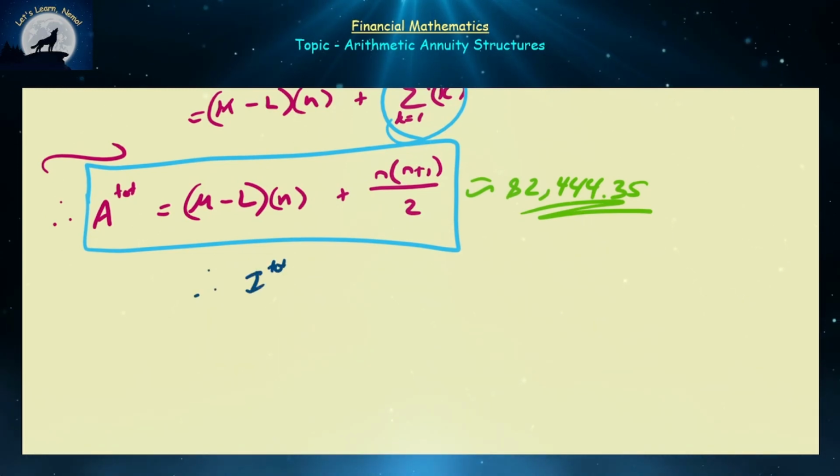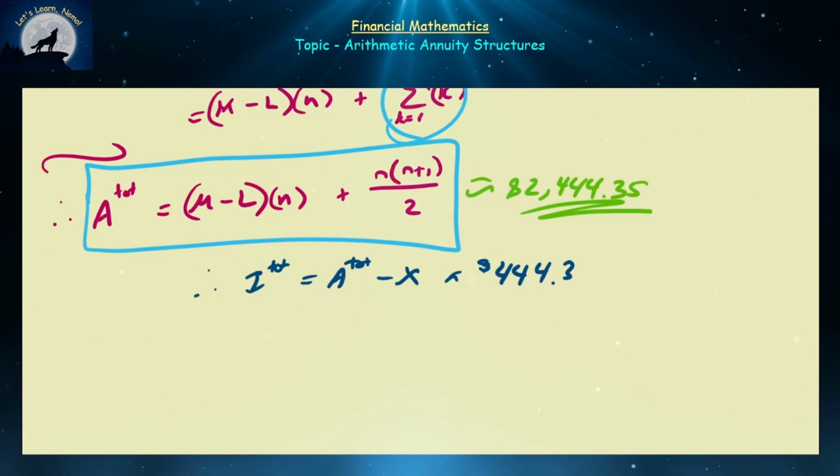So keep in mind, I total is going to be equal to the amount we paid total to the bank minus our principal, and in this case, that's approximately $444.35 compared to the $10,000 that we paid for a fixed annuity immediate, right? And keep in mind, this is over 6 years, right?